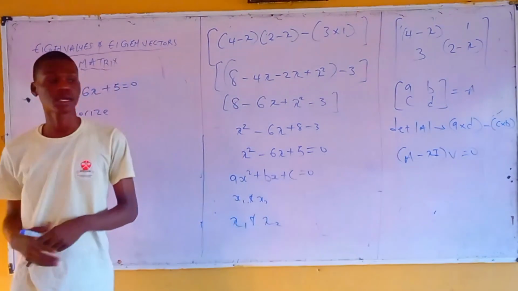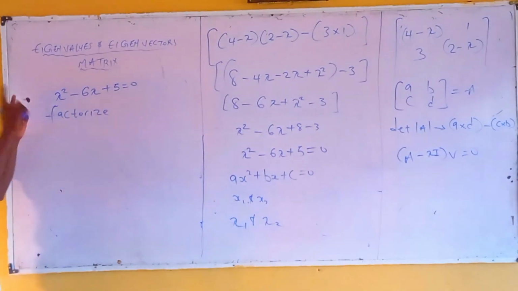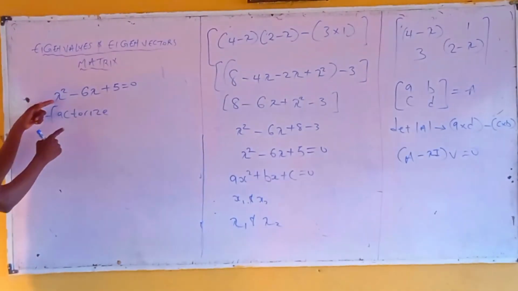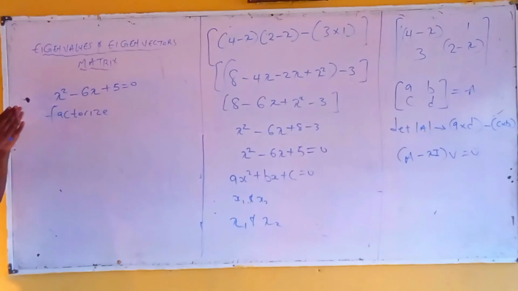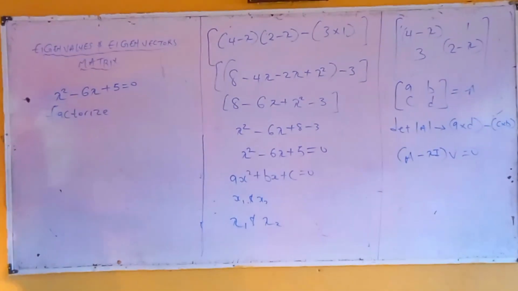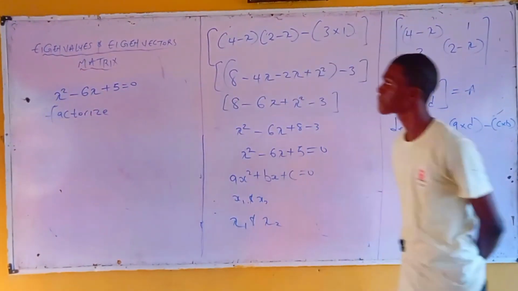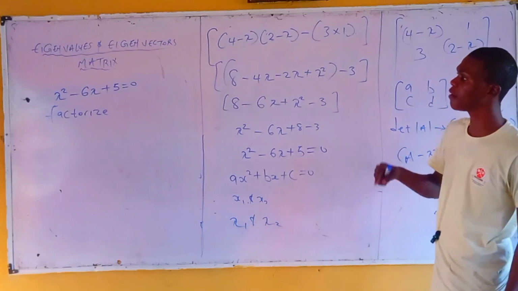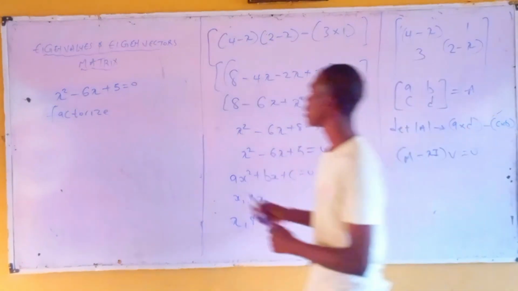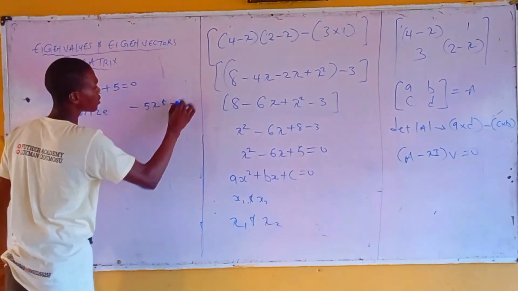Let's factorize. By factorization, we need numbers that when multiplied give the product of this and this, and when added give this middle term. What will be that number? Minus 5 and minus 1. That's correct. Minus 5 lambda and minus lambda.